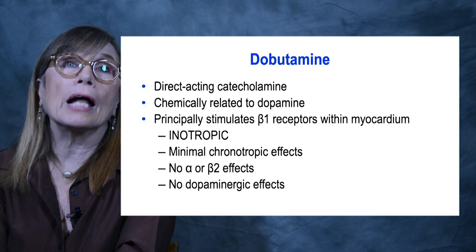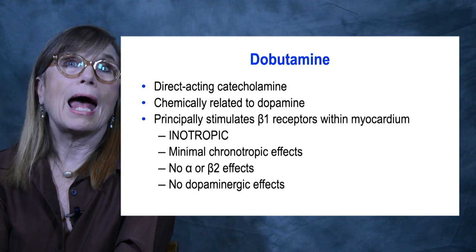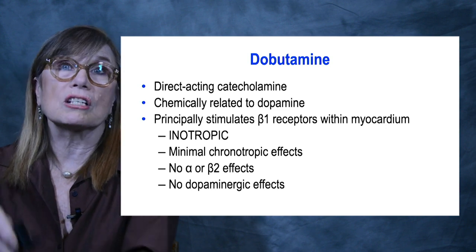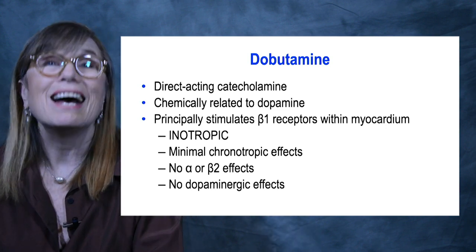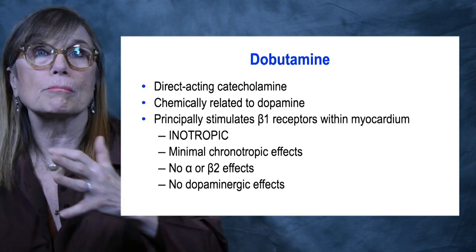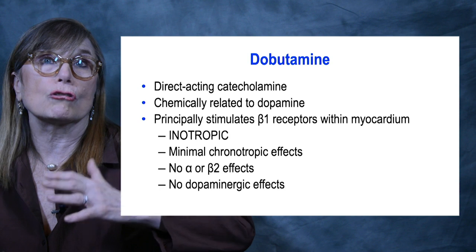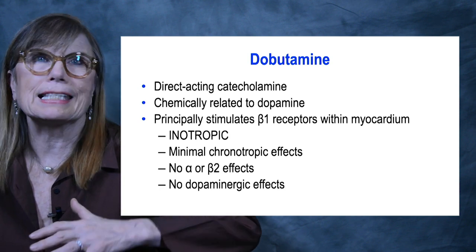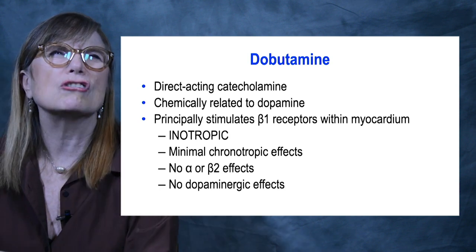At a dose greater than 5 but less than 10, you will often see a significant increase in the heart rate. But not in a heart failure patient because their receptors are very insensitive. So 5 to 10 for them is nothing.